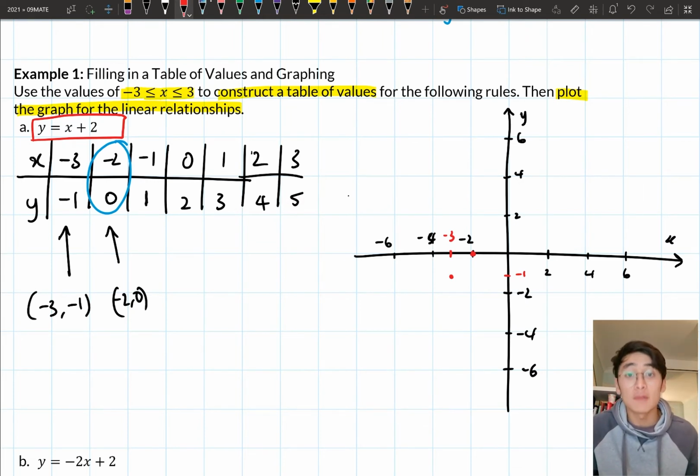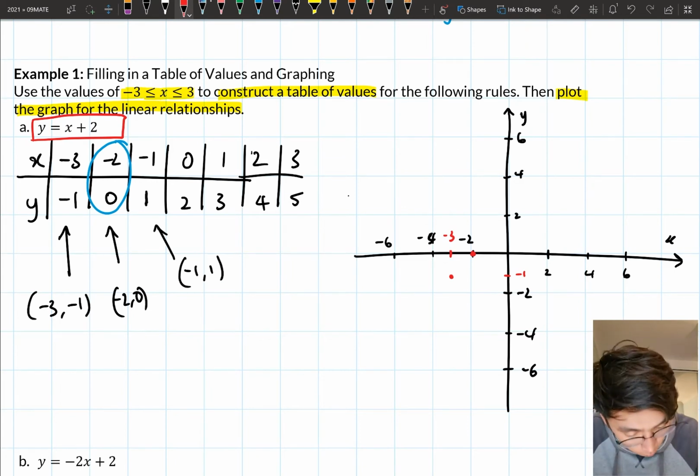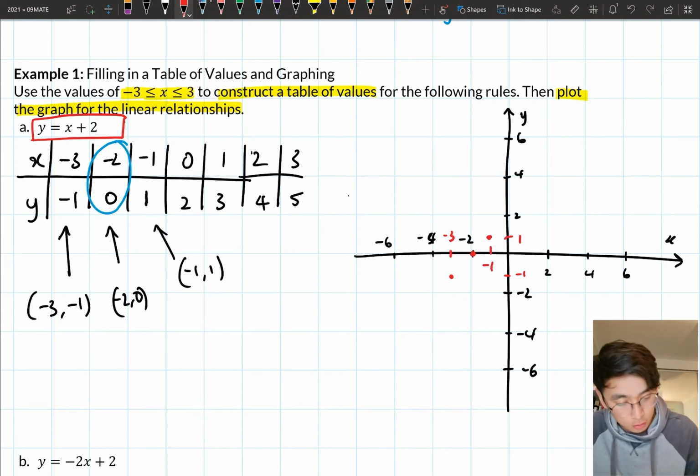Excellent. I'm going to keep repeating this process. The next one, -1, 1, would be over here somewhere. Then 0, 2, which is over here. The next one is 1, 3, which is over here.